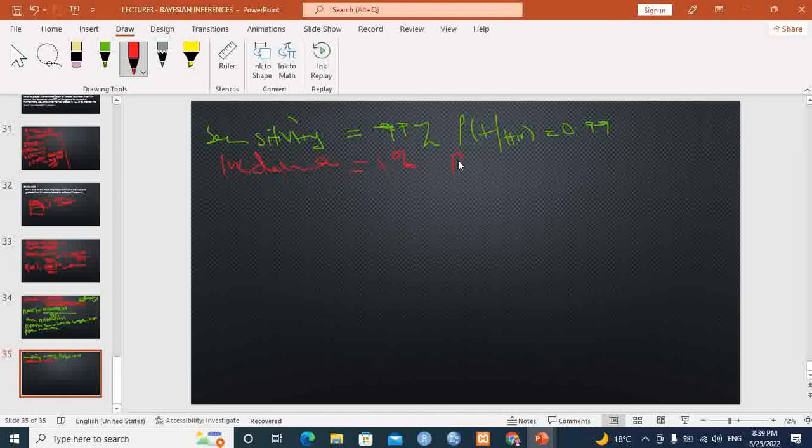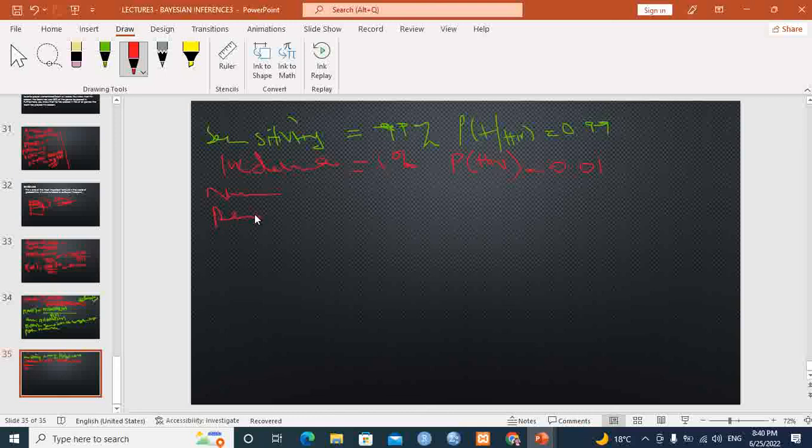So the probability of HIV for anyone in this population is 0.01, right? All right, we have our numerator. So let's come to our denominator.